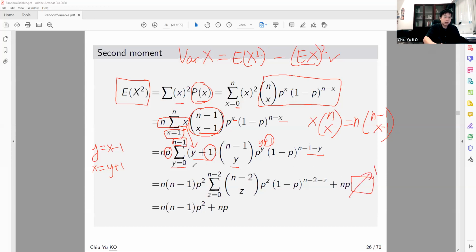What is left here will be p of y times y, and again it's the same trick, right? And you have p squared and n minus 1, and your z, and the same trick here. This will become 1 again. That's why n minus 1 p squared plus np.